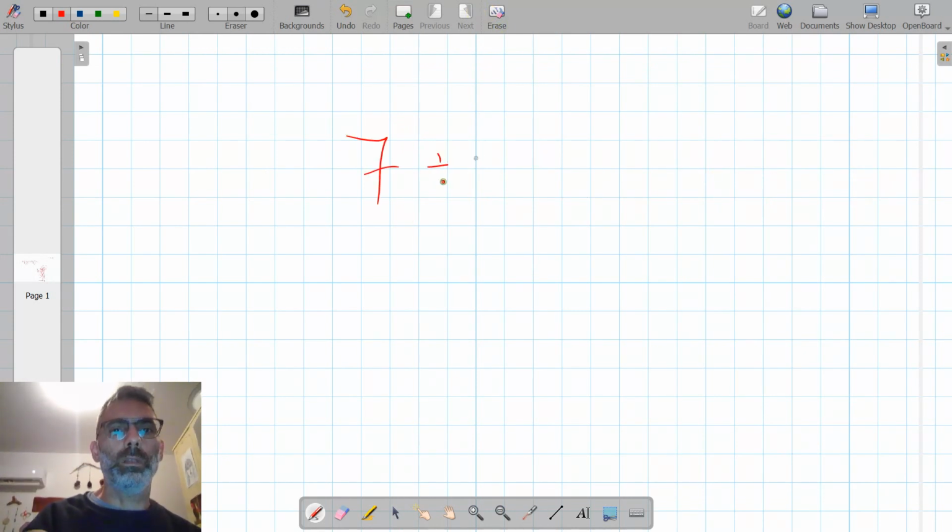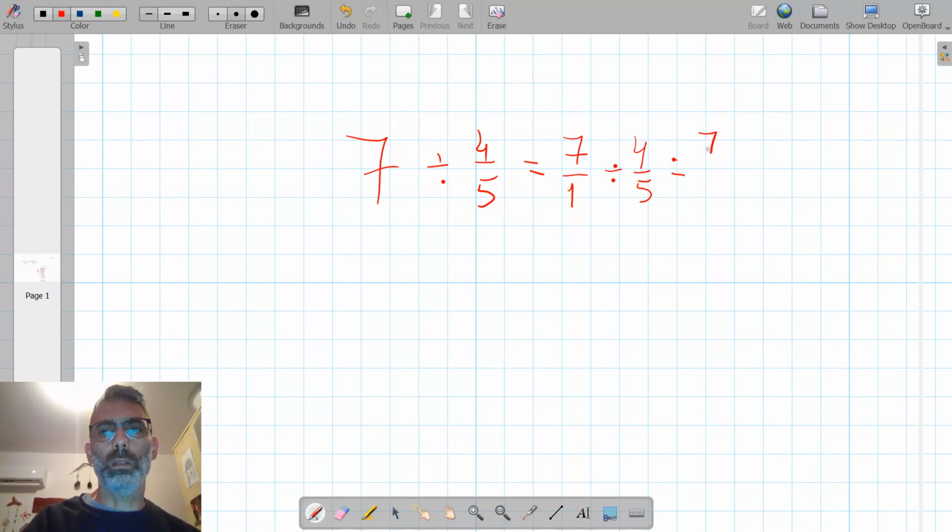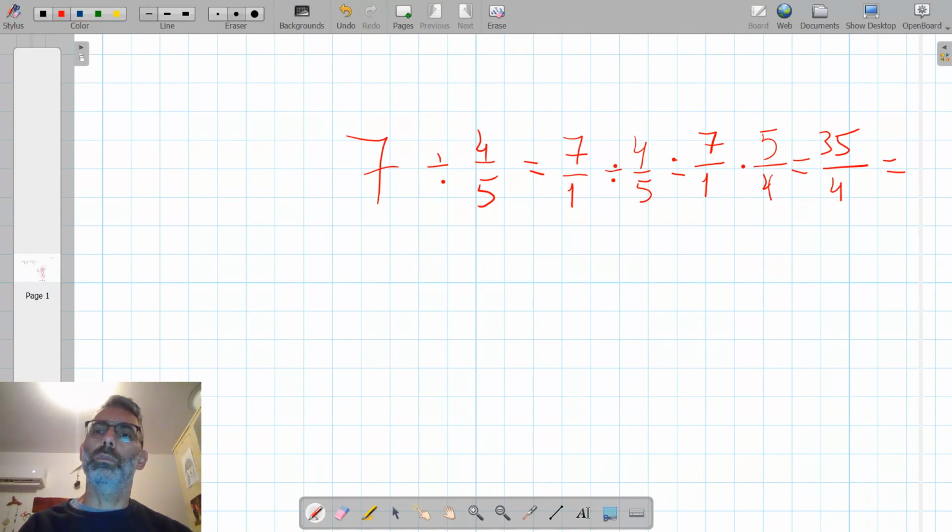So then 7 divided by 4/5 is equal to 7 over 1 divided by 4/5. And I multiply by the reciprocal, which is 5 over 4. 35 divided by 4. 4 goes into 35 8 times, so we have 8 wholes, and the remainder is 3 over 4.